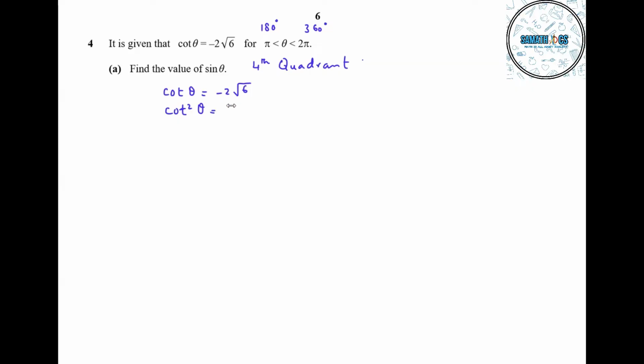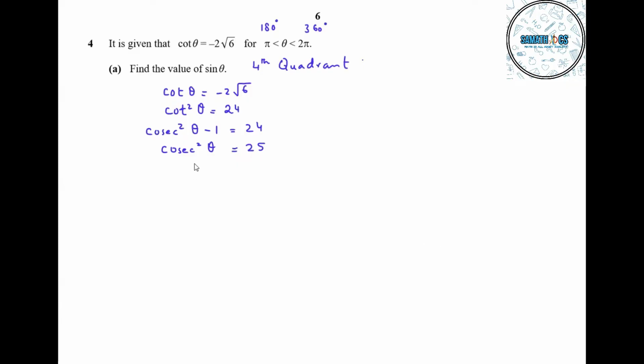Square of 2 is 4 and square of under root 6 is 6. So 4 multiplied by 6 is 24. Now we can apply the identity cot square theta is equal to cosec square theta minus 1. We have cosec square theta is equal to 25.